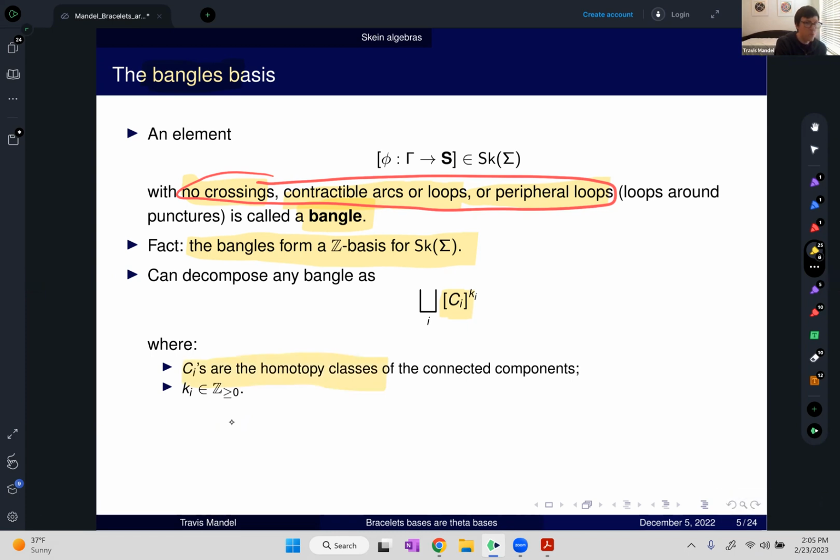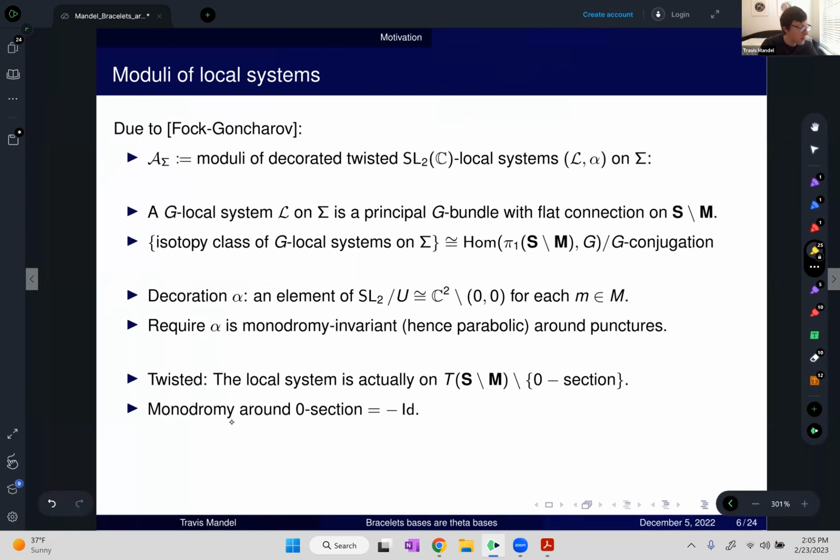If I have Ki copies of some component Ci, I can just think of that as Ci to the power of Ki. So you have a bunch of distinct homotopy classes of components, and if there's repetition, instead of writing that element Ki times, you just write it once to the power of Ki.